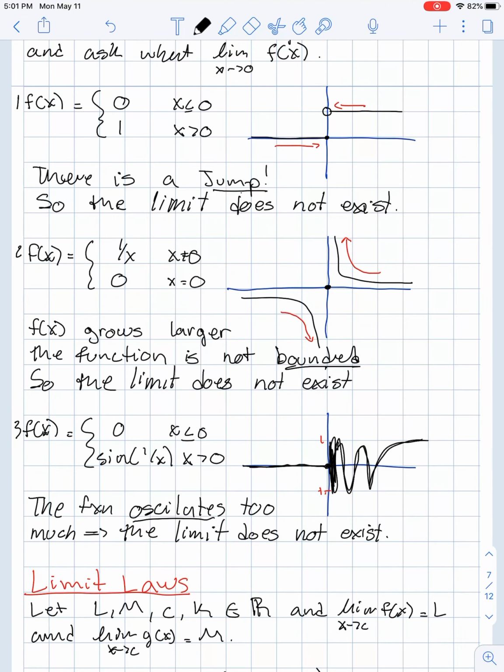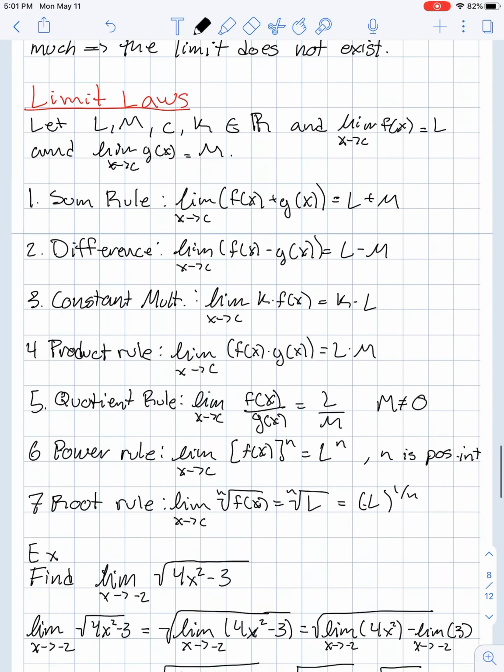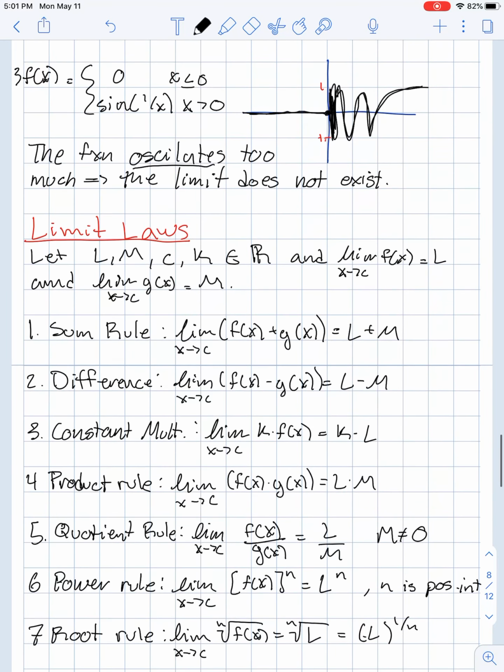So what about our limit laws? We've been having laws a lot lately, exponential and logarithms, and we also have some similar ones for limits. So let's first assume that L, M, C, and K are all real numbers.